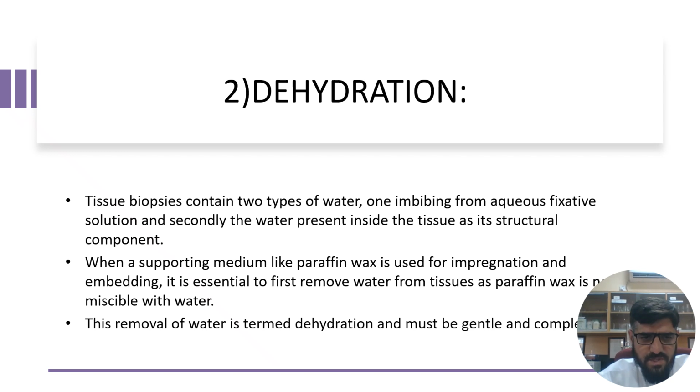The problem is that when a supporting medium like paraffin wax is used for impregnation and embedding, if water is already present, it is not miscible with paraffin wax and we cannot properly infiltrate the tissue. So the removal of water is a must before infiltration and impregnation.